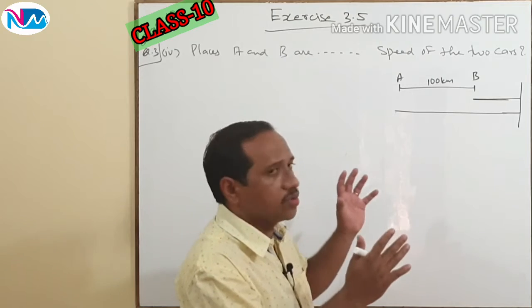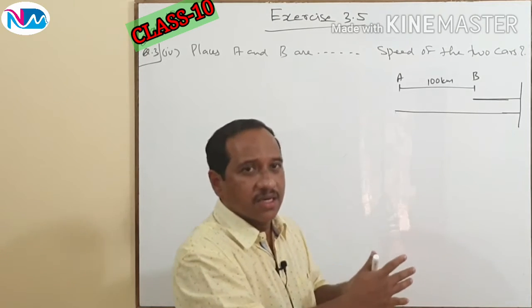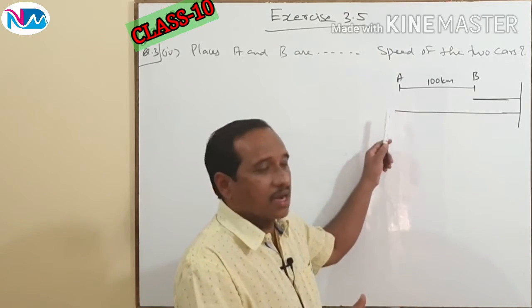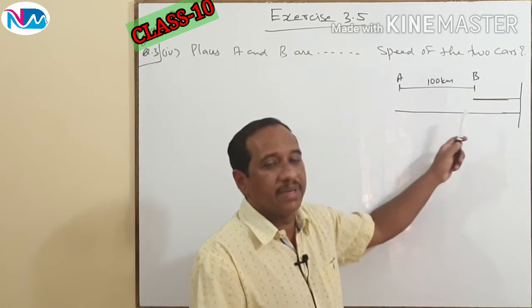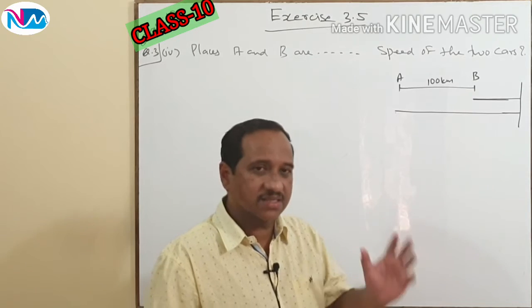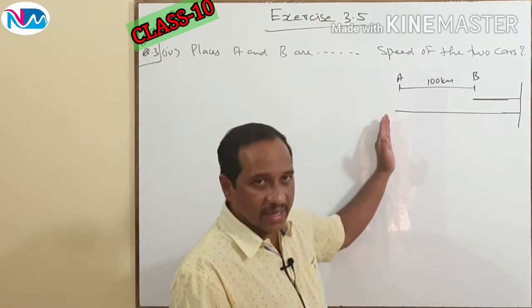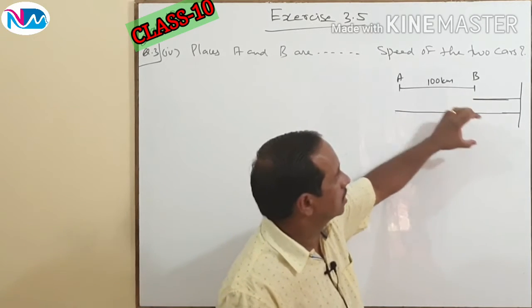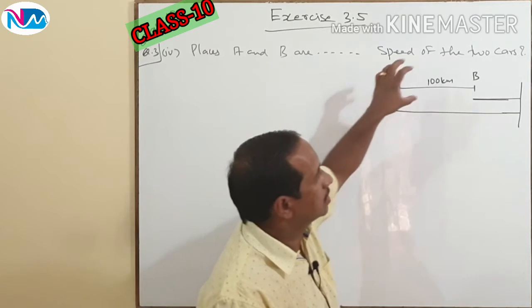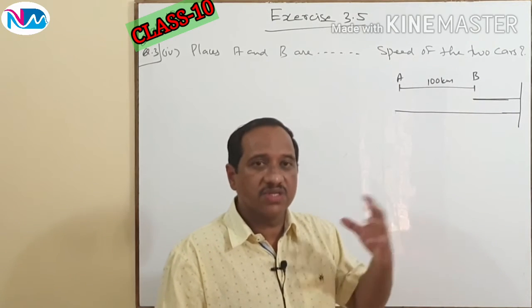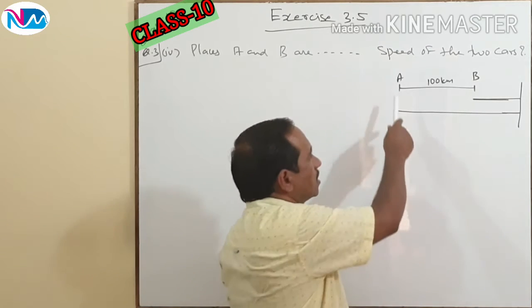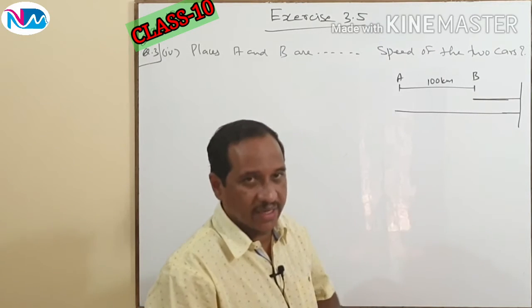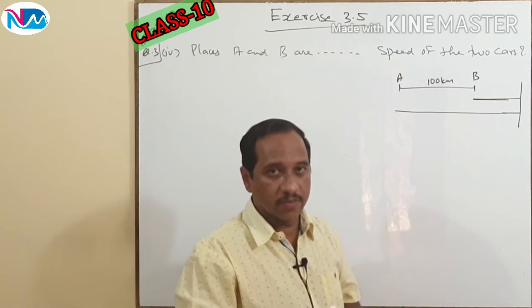So here definitely you can see that car A is 100 km behind car B. That is, the car from place A starts 100 km behind the place B. So which car travels more distance? Definitely the car from place A, by 100 km.